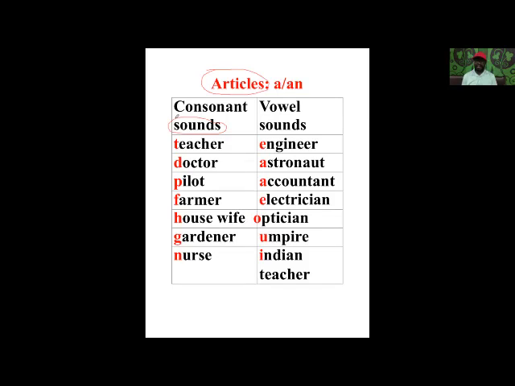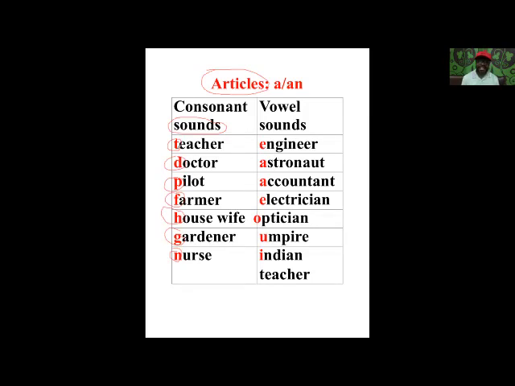Doctor. The first letter is D. Letter T, letter D, letter P, letter F, letter H, letter G, and letter N. Those ones are called consonant letters. Now let us read them in sounds. I'm going to read the sound.